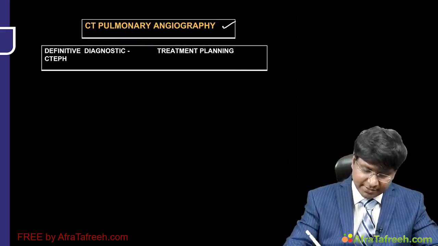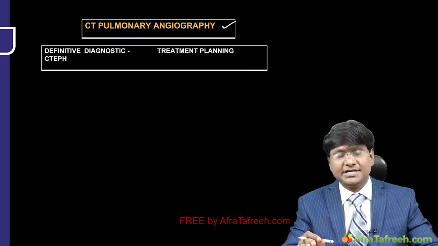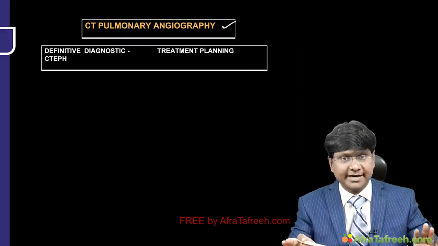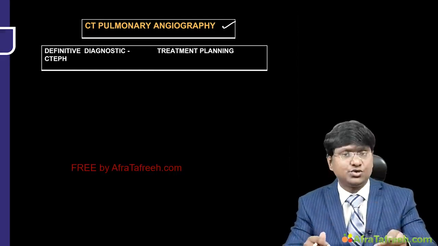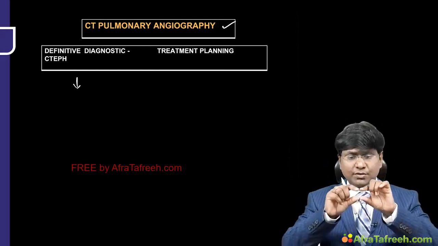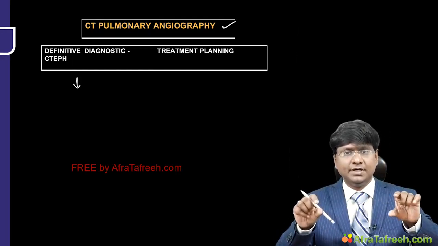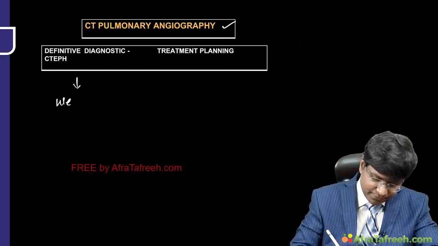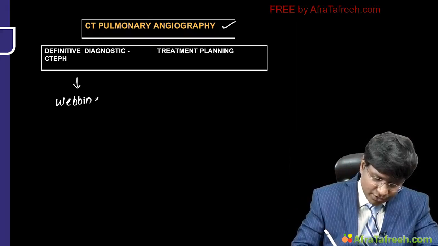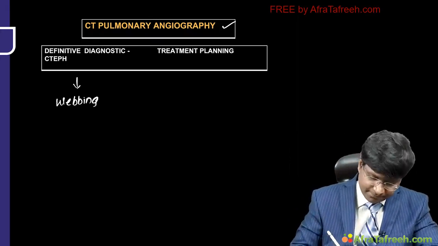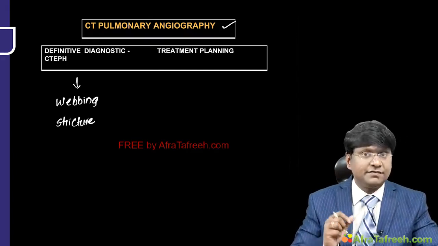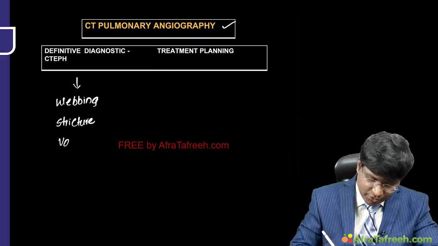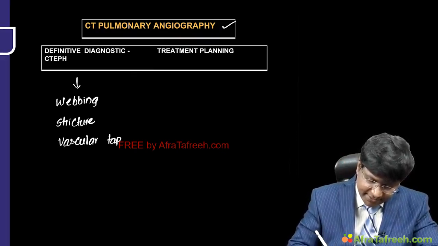Then what is the definitive diagnostic test for your CTEPH? That is CT pulmonary angiography, right? So that remains the definitive test and gold standard test. Then what will it show you? It will tell you the morphology of the vessel, right? It will tell you if there is any presence of webbing in the vessel wall, any stricture of the vessel wall, and also any vascular tapering within the vessel.